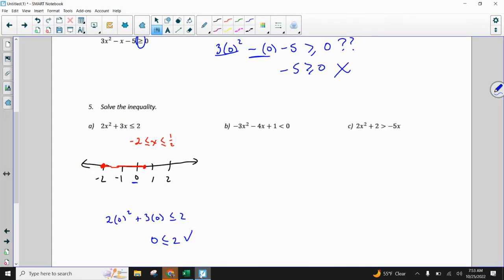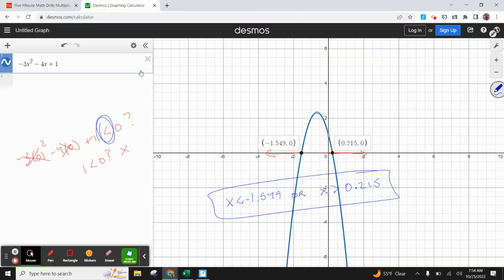Let's try one more. All right. First thing I'm going to do is make it 2x squared plus 5x plus 2 greater than 0. So I'm actually going to reuse Desmos one time.